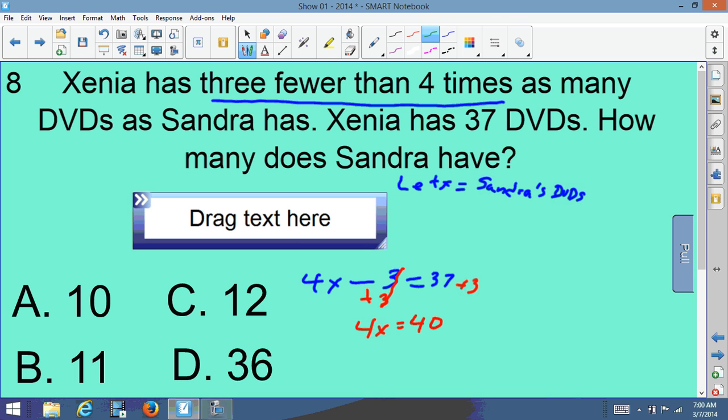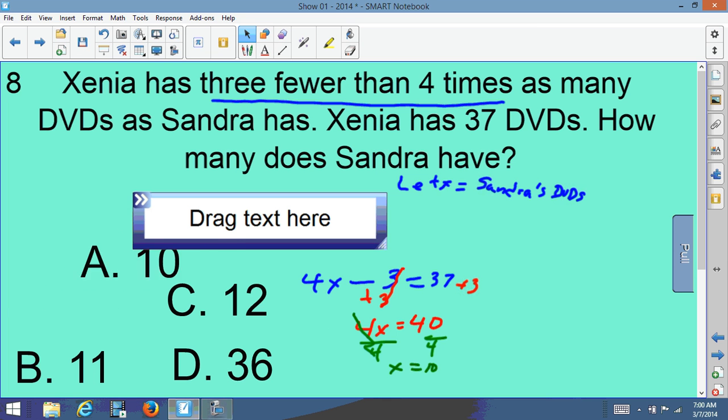Now all I need to do is divide both sides by 4, and x will equal 10. And we said Sandra's DVDs were equal to x, so I'm going to say Sandra has 10 DVDs. And that is the answer we got.